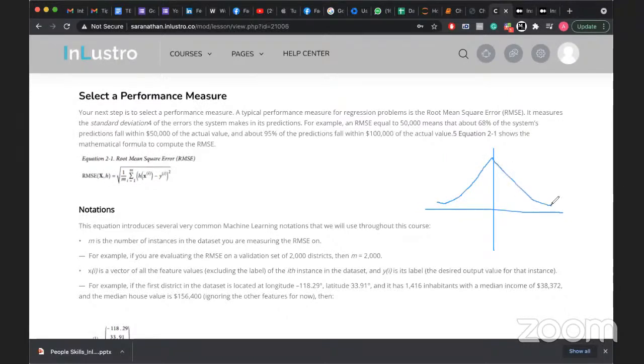Can you tell me what the labels for this curve are? What is the center? Come on, guys. What is the value of the center of the bell curve?